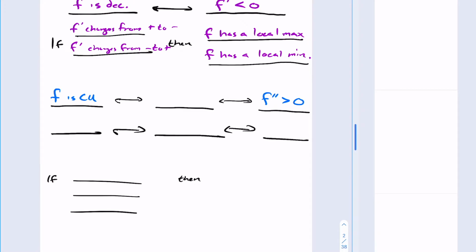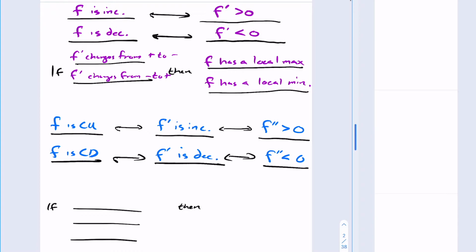If the second derivative is positive, that would imply that the first derivative is increasing. That tends to be the part that most people forget. Make sure that you make an effort to know all 3. If f is concave down, then the second derivative is negative, which would imply that the derivative is decreasing. You won't have these on your exam, so you have to remember them. Make sure that you practice.